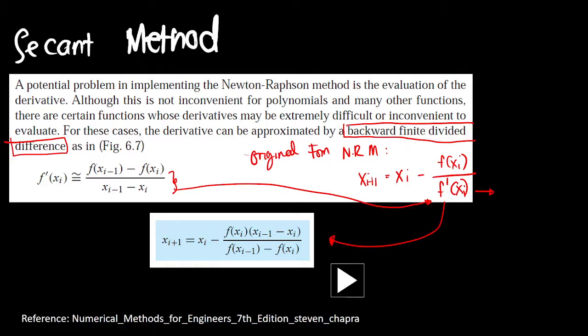It does not belong to the bracketing method because the way you execute the secant method is you are not closing or bracketing the curve, but instead you just need those two initial guesses to execute properly the solution in finding the roots of the equation. So you get the idea why we arrive at the modified secant method. It's because this part needs at least two initial guesses, which is kind of a hassle.